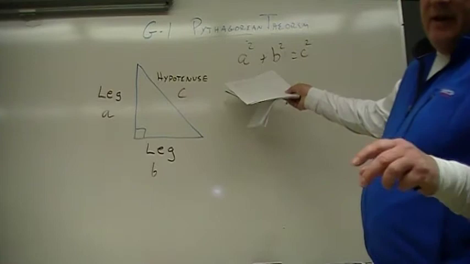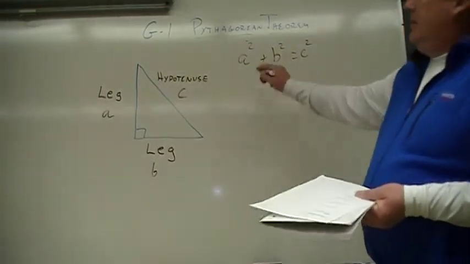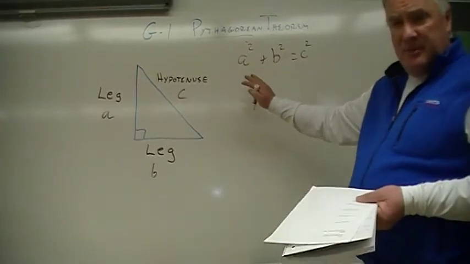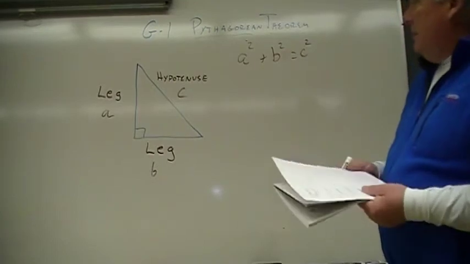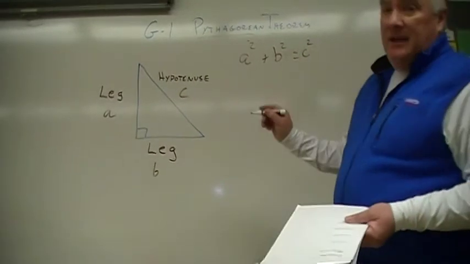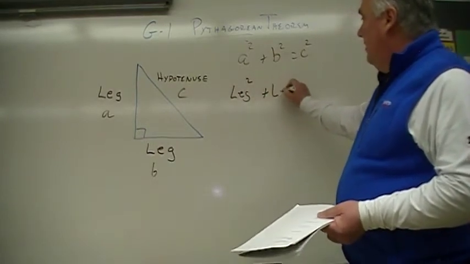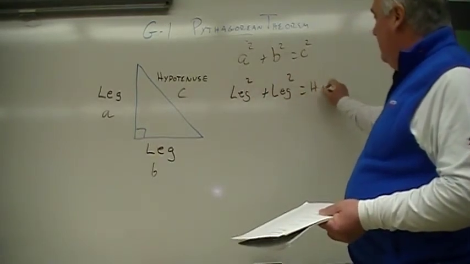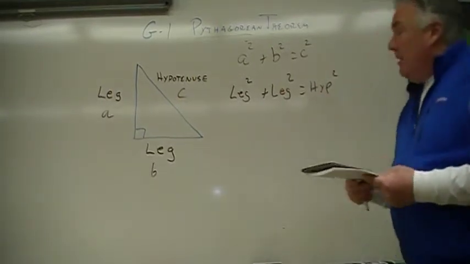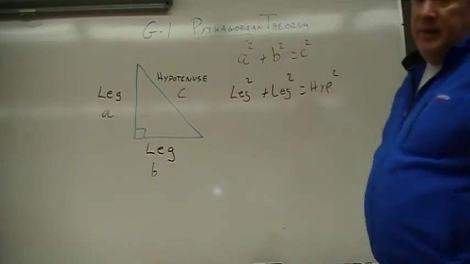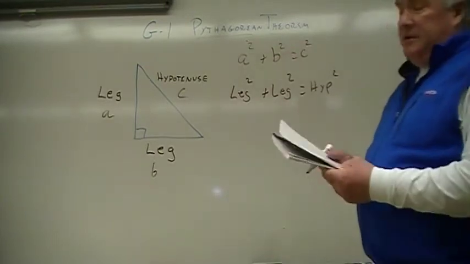When you got your first tattoo, you got the Pythagorean tattooed onto your ankle. Just to make sure you remembered it. A squared plus B squared equals C squared. I like to call it this too. It's really leg squared plus leg squared equals hypotenuse squared.